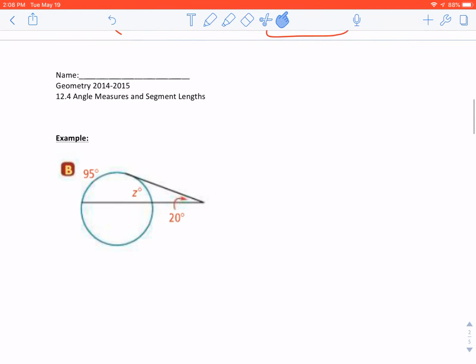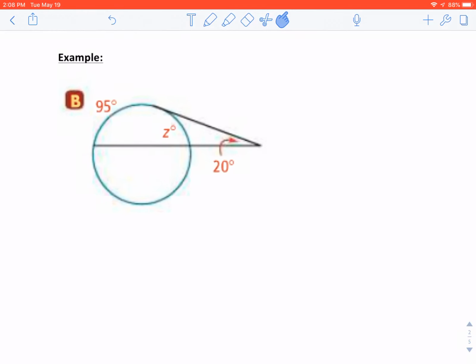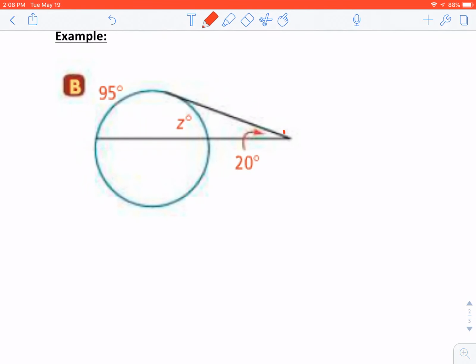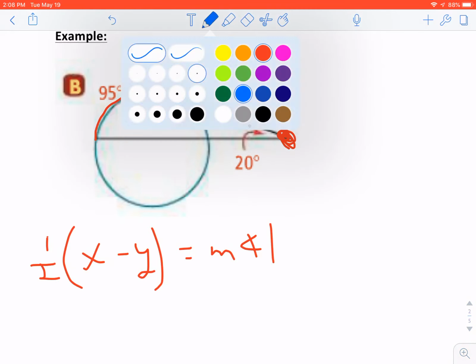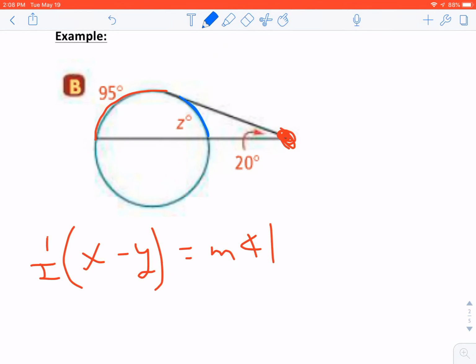For your next example, the intersection is occurring outside of the circle, so my formula is 1/2 of x minus y, because the intersection is occurring outside, is equal to the measurement of the angle. This is the only reason why this can get kind of tricky. X and y are your arc measurements. One of them would be this arc measurement, and y would be this arc measurement.